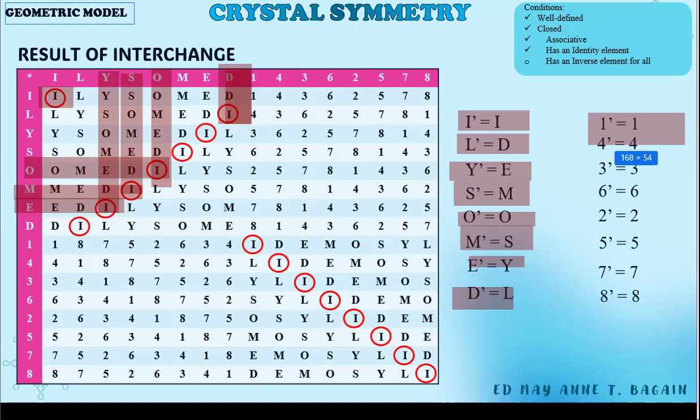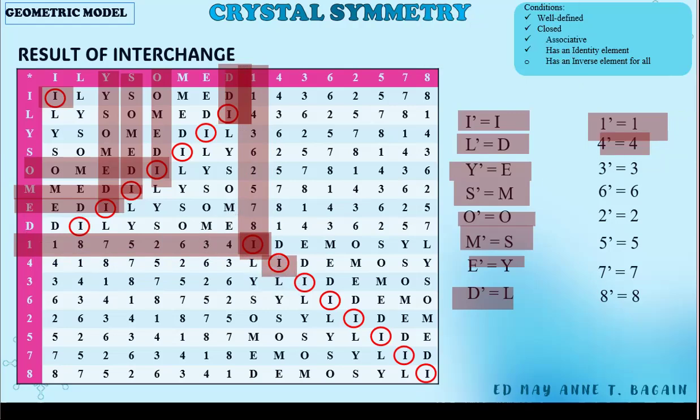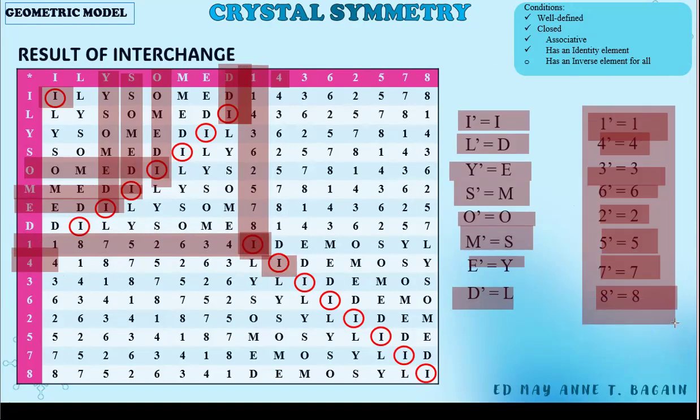And then at 1 inverse, we have here the I. If we look, the intersection would be at 1 as well. And then let's check 4. It would be at 4 as well. The same with 3, 6, 2, 5, 7, and 8. So the number part, the inverse would be themselves also.